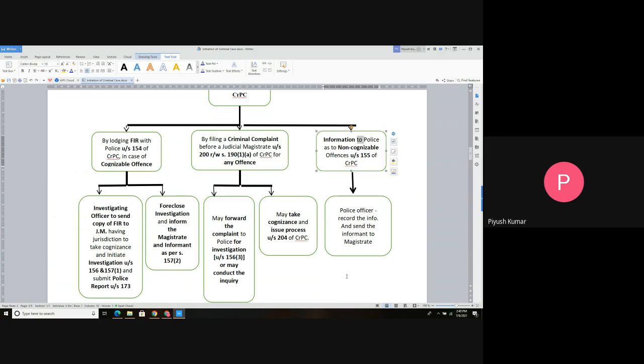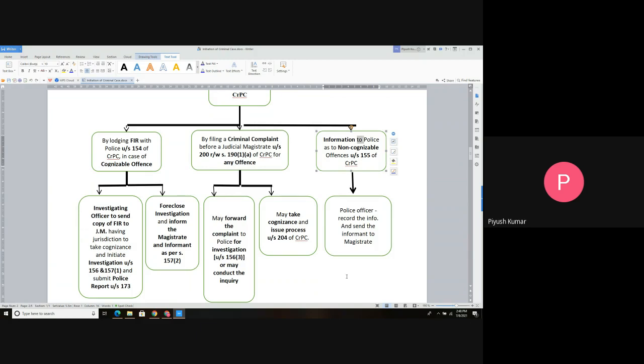कि policeman, when it comes to investigating a cognizable offense, has very wide discretionary powers, and that discretionary power is reflected in the provision of section 157, which allows the police officer to foreclose the investigation.